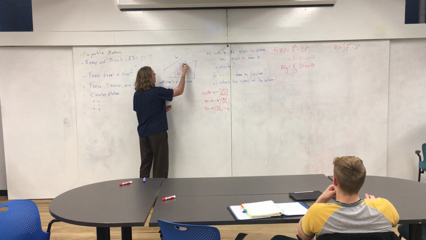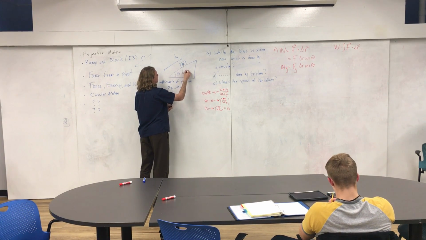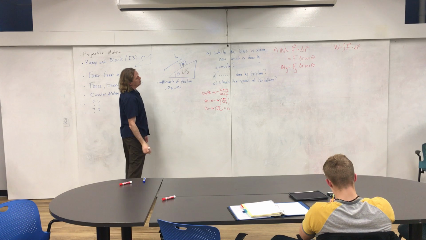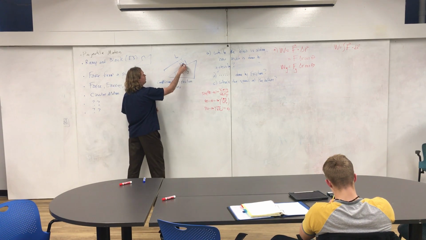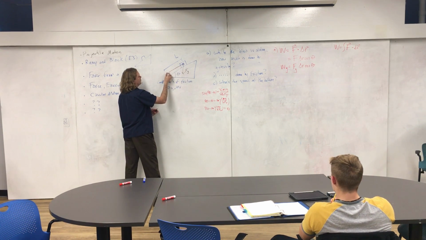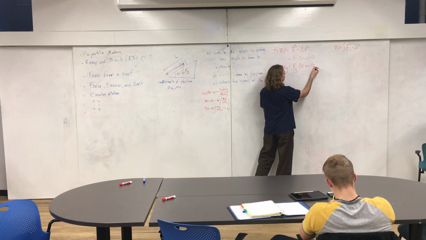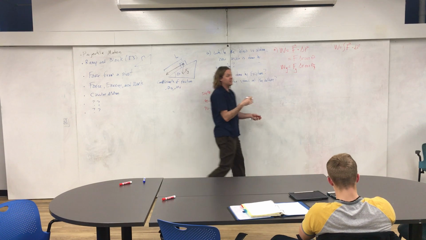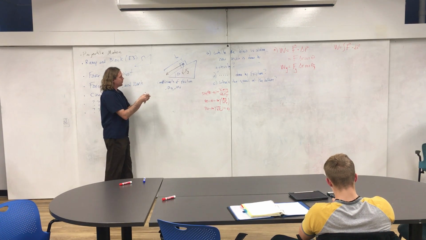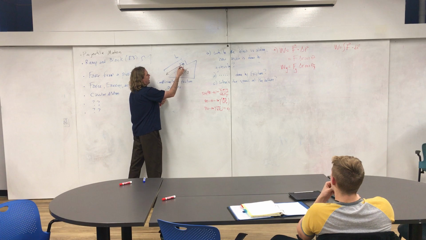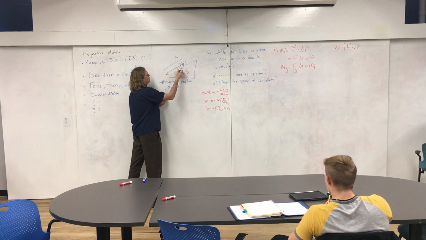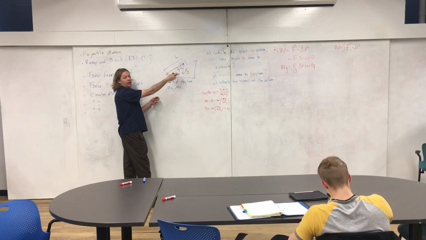So gravity is straight down on the block. The distance is L, right there. Sorry, I should be a little careful. I'm going to label this as theta g, just to make it clear that it's not the same theta as the ramp angle. That theta g is the angle between L and Fg.